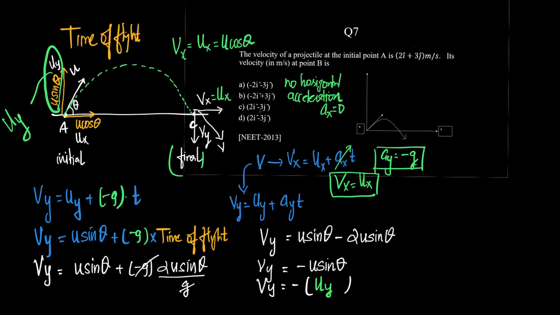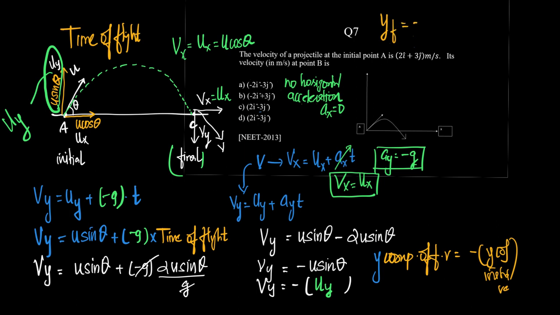What does it mean? It means that the y component of final velocity is equal to negative of the y component of the initial velocity. Apply this logic here. What is the initial velocity in the y component?